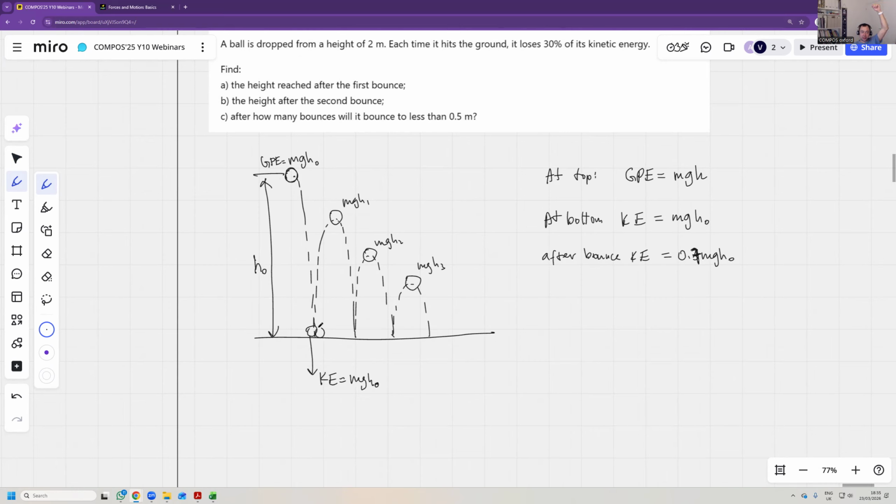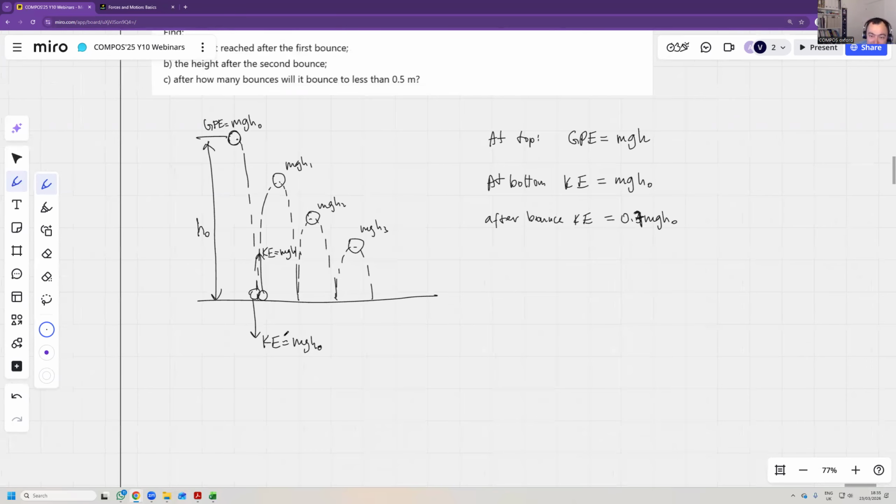But once it bounces, it goes up, and it has mgh1 energy, where h1 is the height reached after the first bounce. If you lose 30% of your energy, then by the time you reach the first bounce you will have 70% of your original gravitational potential energy.